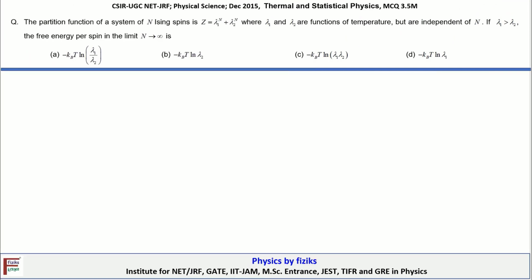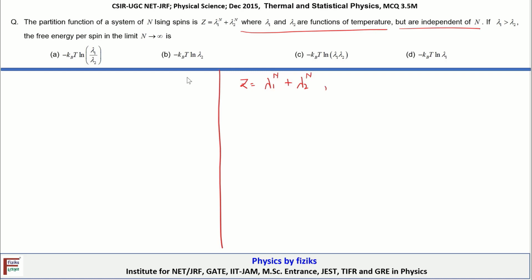Let's continue with the next problem. The statement is: the partition function of a system of n Ising spins is given as Z is equal to lambda 1 power n plus lambda 2 power n, where lambda 1 and lambda 2 are functions of temperature but are independent of n.